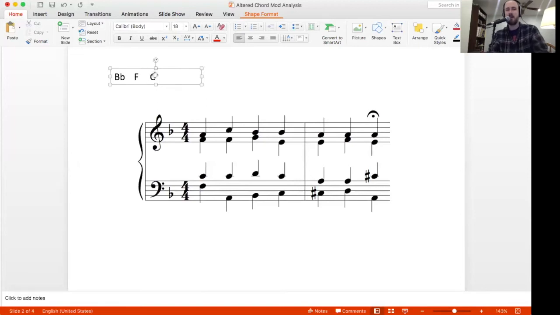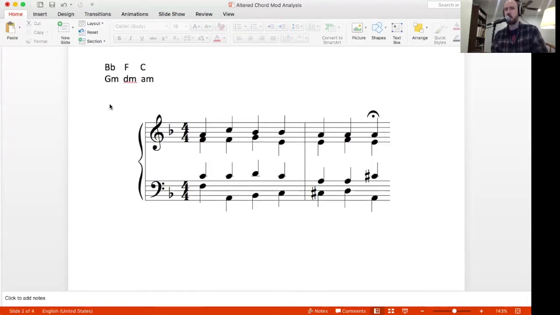And then if we hop down here into minor land, what's our 2 flat minor key? It's G minor. D minor is with F, and then A minor is with C. So that's the network of keys that we want to be keeping in mind here.